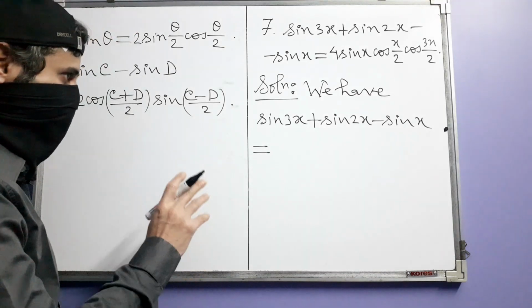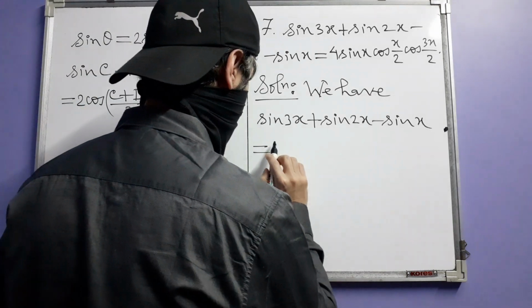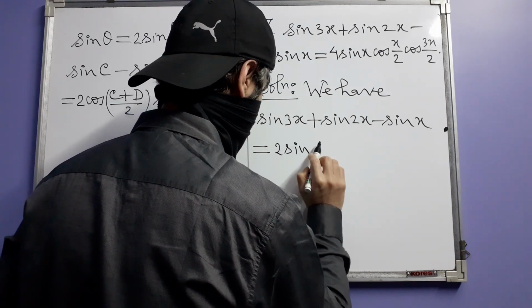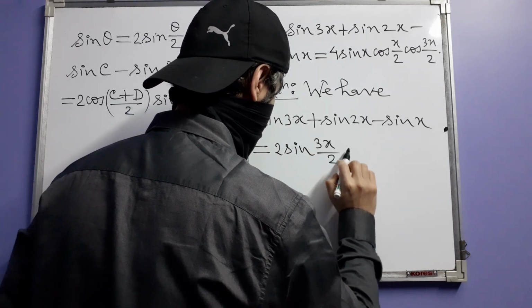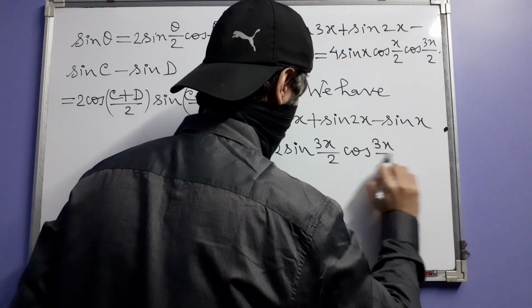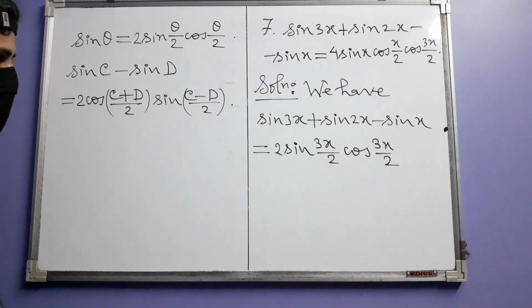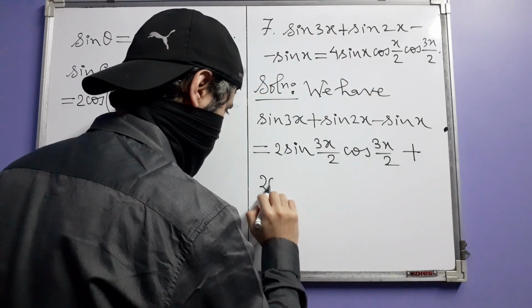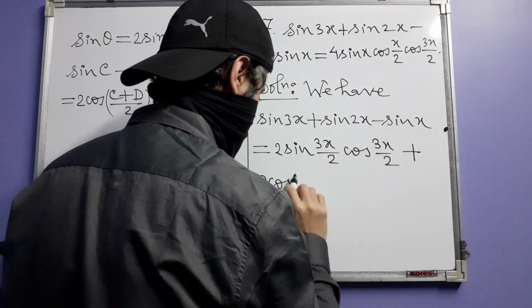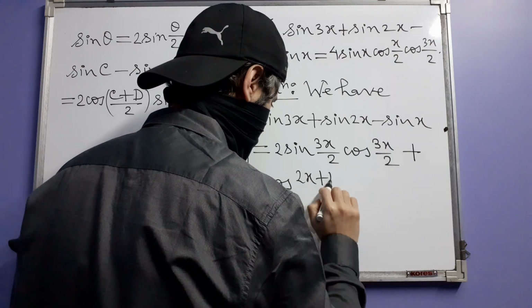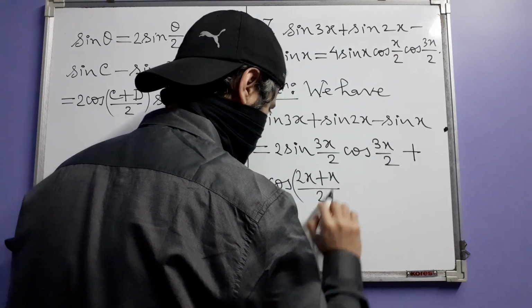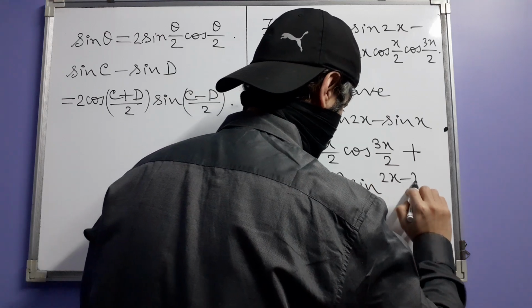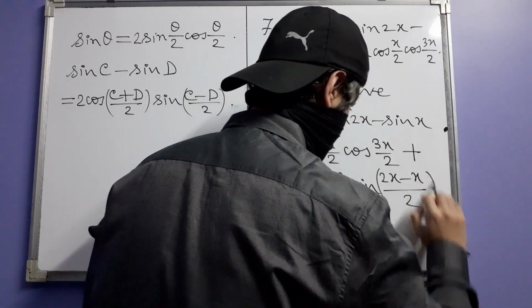Okay. So if we now apply these things here, the first sin 3x term will become this. Then plus 2 cos, what are the angles? 2x and x, divided by 2, times sine 2x minus x divided by 2.